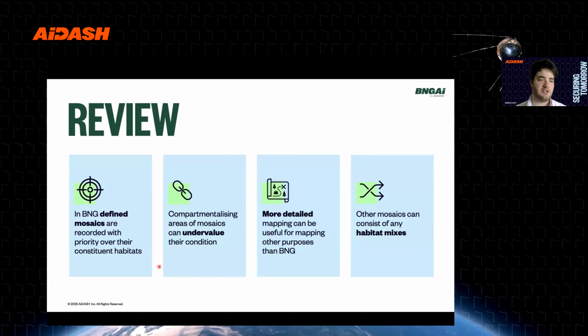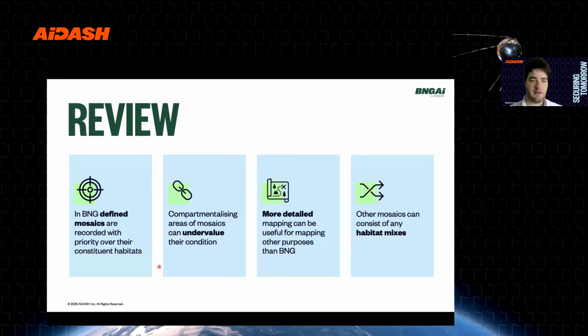The defined mosaics especially differ very strongly from how you would map those habitats if you are used to mapping in UKHab. If we are subdividing areas of adjacent mosaic habitat, we're very likely to be impacting the condition score of those areas, and we can very easily get to a situation where we map multiple areas of poor or moderate condition mosaic, which when you look at them as a whole would have met the criteria for good condition.